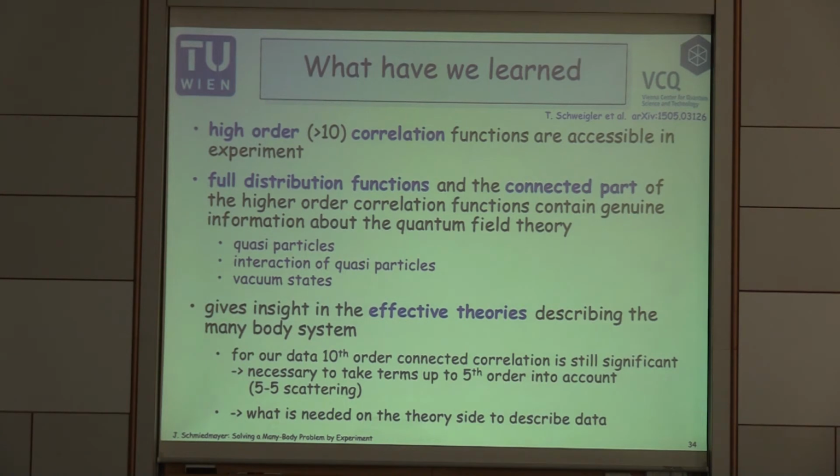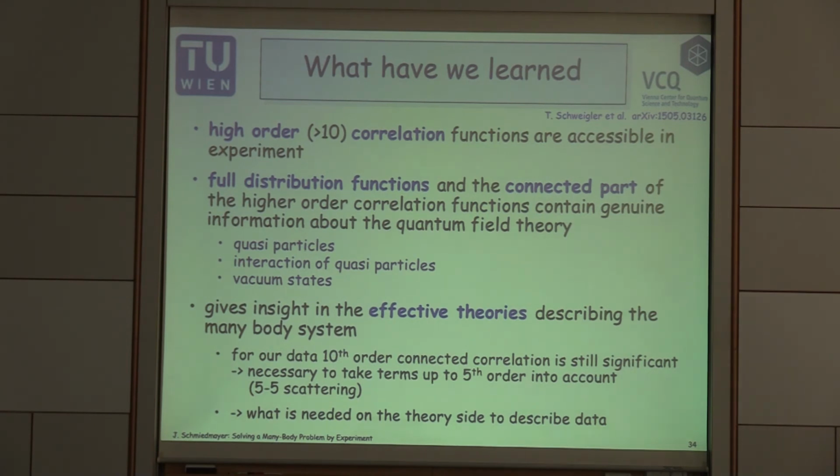So what have we learned? I think we can measure very high order correlation functions in the experiment. I could have plotted a 12th order and a 16th order function from the quality of the data, but I simply don't have the means of calculating them, or of calculating the error bars to see if they're statistically significant or not. Also, calculating some quantities just doesn't make sense anymore. There's just too much complexity, or too much information in the system, with the very high correlations.